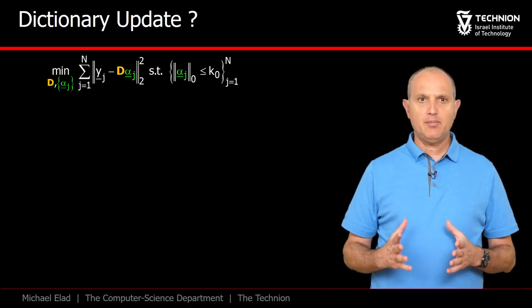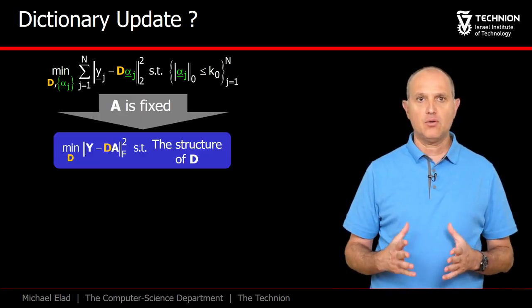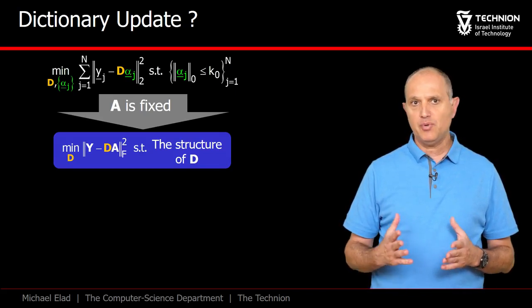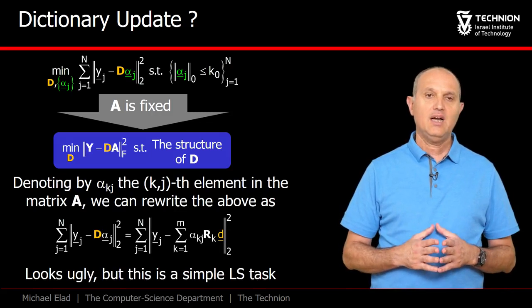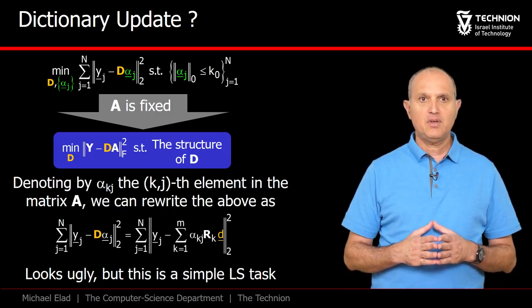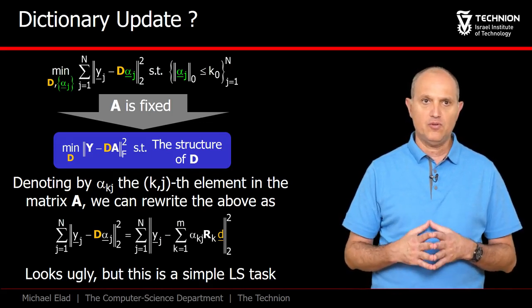Speaking of the dictionary update, now that A is fixed, we could pose our problem in this MOD form, with an additional constraint that brings in the structure of D being circulant. Alternatively, we could pose the representation error expression in terms of the signature itself, and then the optimization could be easier to perform.